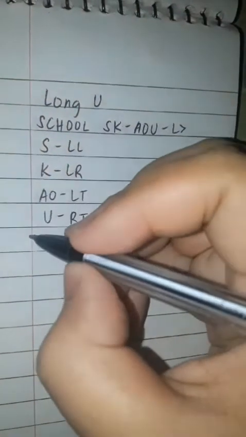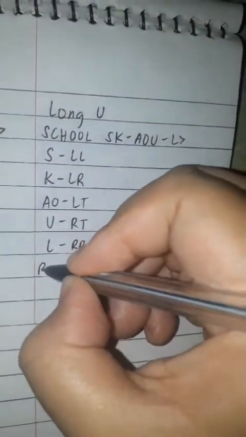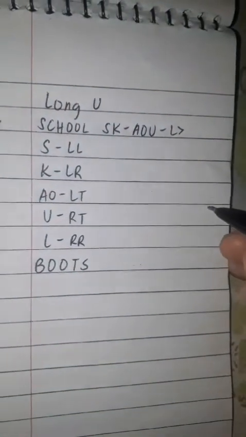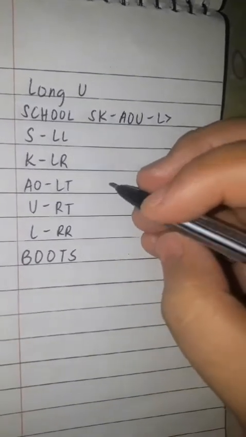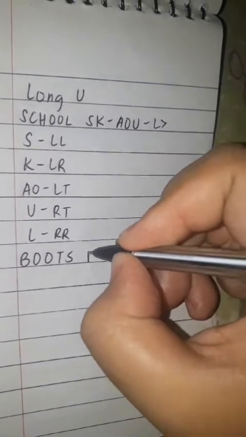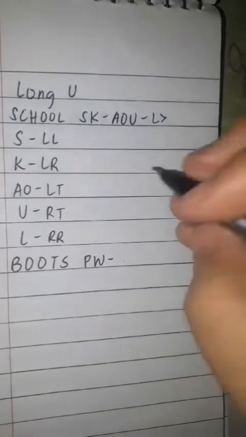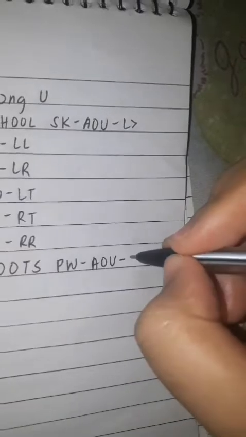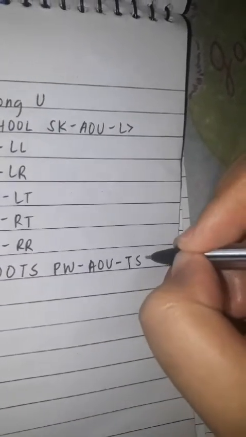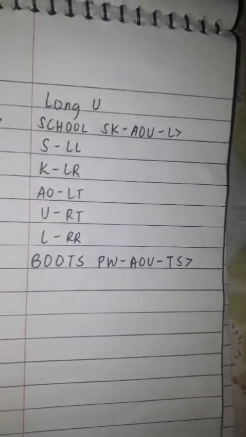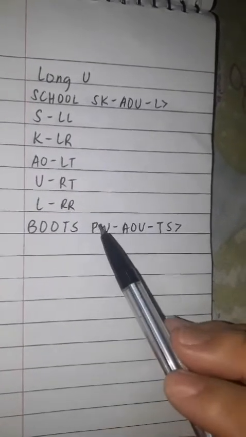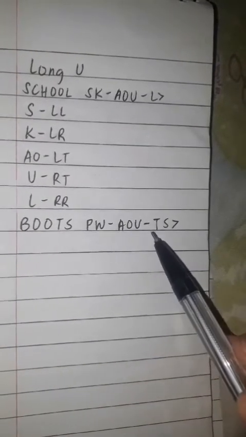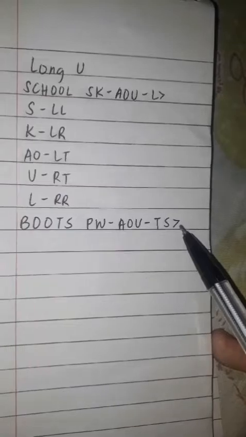So, another example for long vowel U, we have the word boots. So, the codes for this, so we have initial letters PW, vowel AOU, ending letters TS, then release.